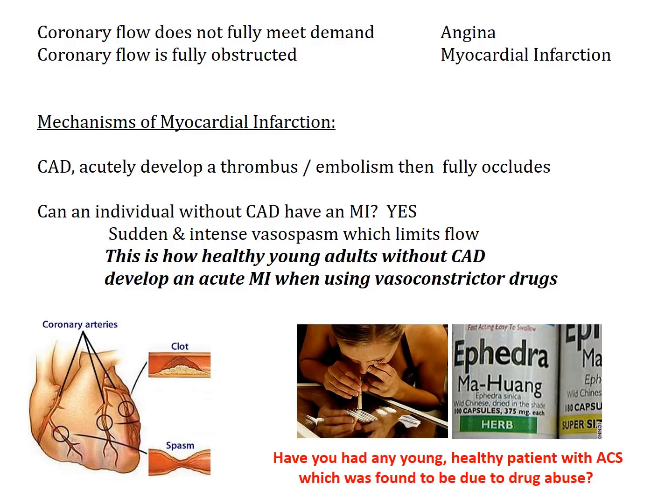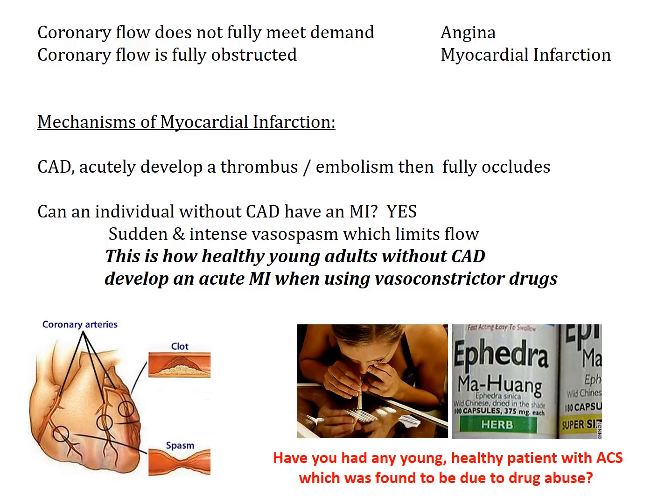So what leads to this intense vasospasm in young adults? It's usually drugs, usually stimulant drugs. Any drug that has vasoconstrictor properties can constrict coronary arteries and lead to sudden myocardial ischemia. And for those of you in cardiology and emergency medicine, you have seen young adults who use cocaine and methamphetamine and even Adderall and other stimulants and get that vasoconstrictive effect that leads to MI.